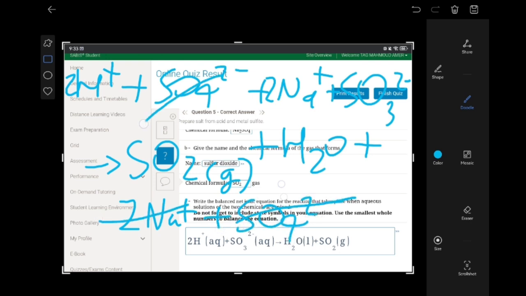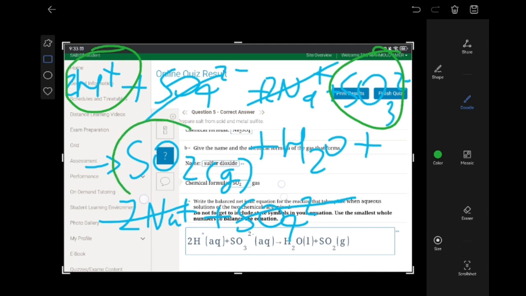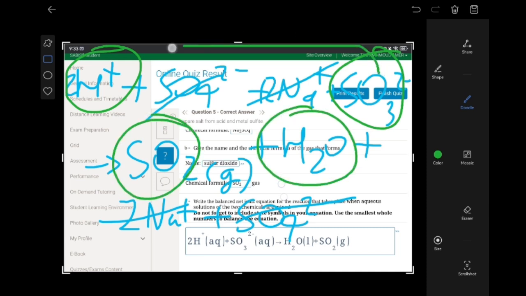Cancel. This is what you have left. You have 2H plus SO3 2 minus gives you SO2. It's the exact same thing like last time. You just take one of the O's, you give it here, it evens out both of them.